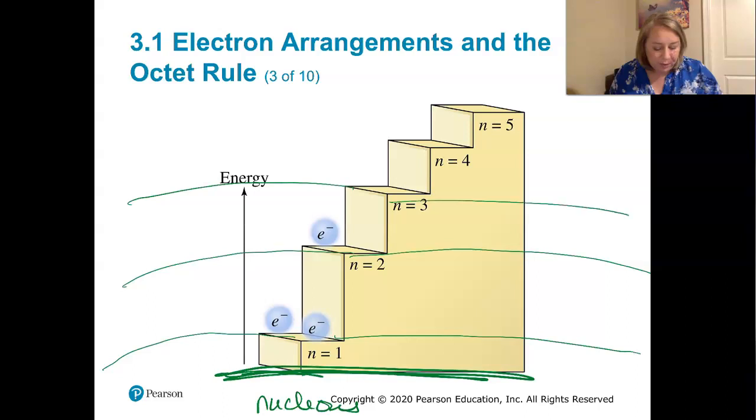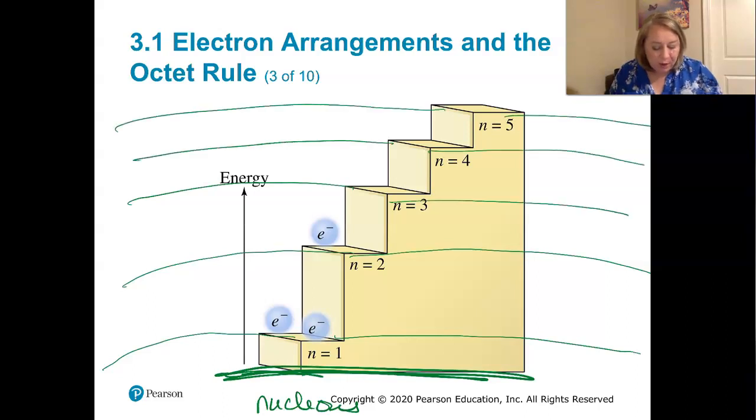And these are like levels. Electrons can sit in certain locations farther away from the nucleus. What they want to do is be closer to the nucleus, so that's what they're going to do first. First, they're going to get in there really close to the nucleus.